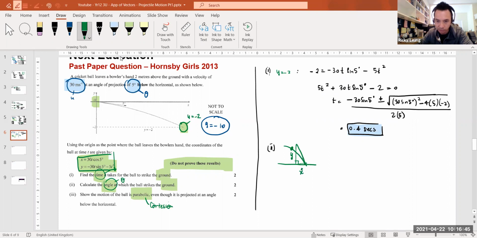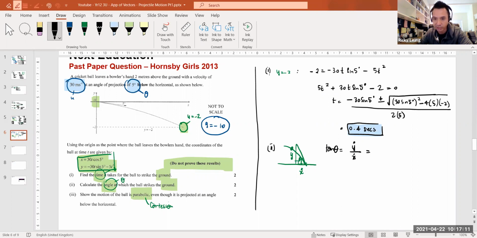And I'm going to call this angle here theta. It's a bit small there, but using this expression, I'm going to be able to find the angle at which it hits the ground. So I need an expression for the velocity vertically and for the velocity horizontally. The way I'm going to do it is tan equals opposite over adjacent.